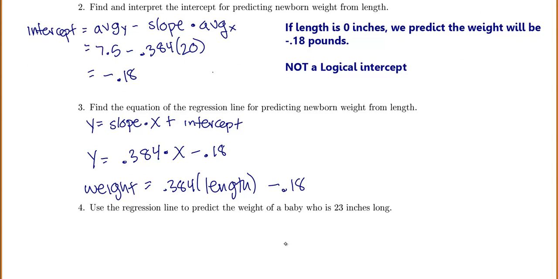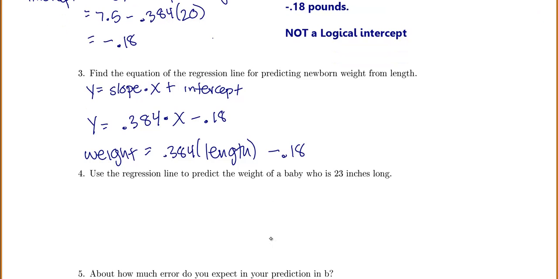Number 4, use the regression line to predict the weight of a baby who is 23 inches long. So length is 23. And all we have to do is plug it into our equation.